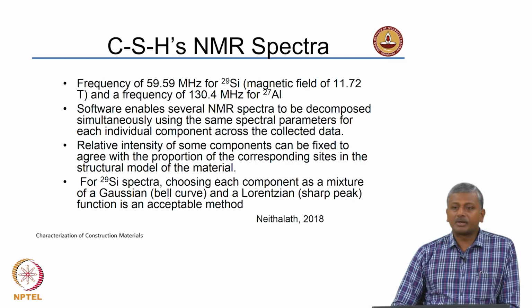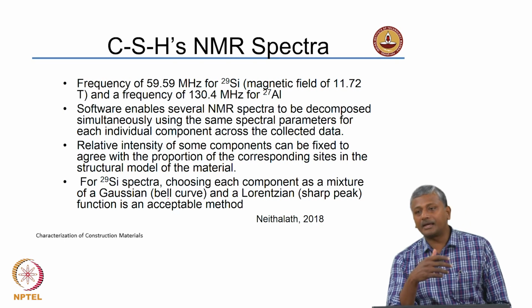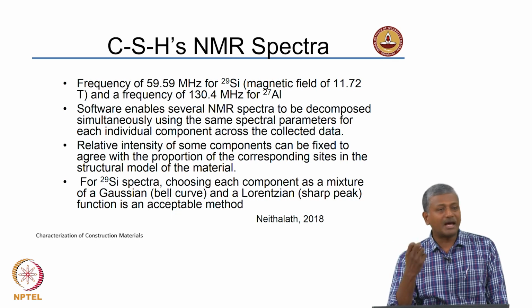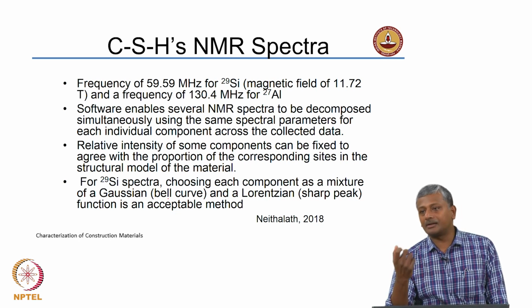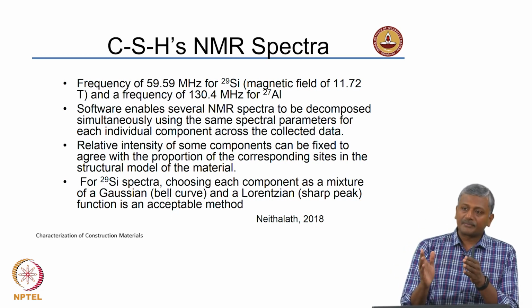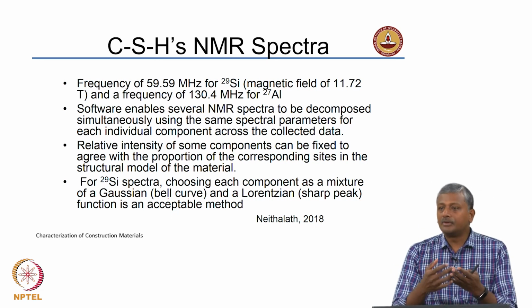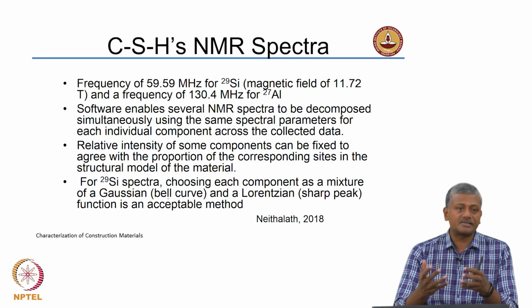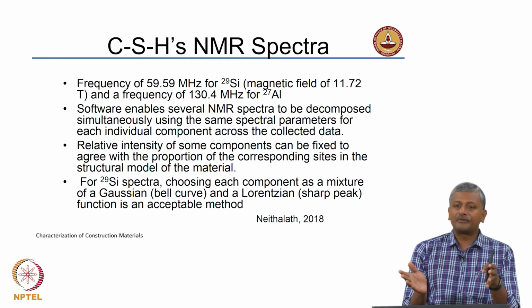So again, just to give you an example, let us say we want to analyze calcium silicate hydrate. Okay. What we have with respect to calcium silicate hydrate are different types of states. As the hydration progresses, there is an increased degree of chain linking in the CSH structure. Many of you would have understood the CSH structure is actually composed of sheets of silicates.